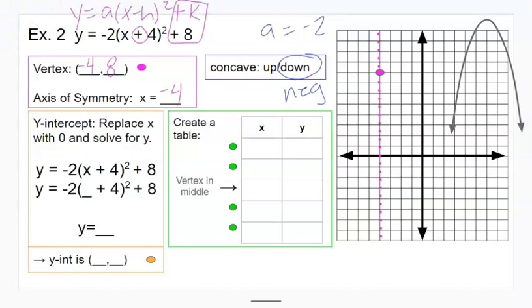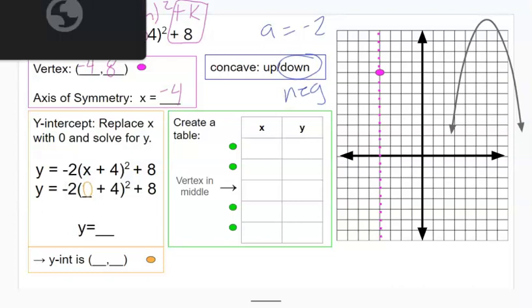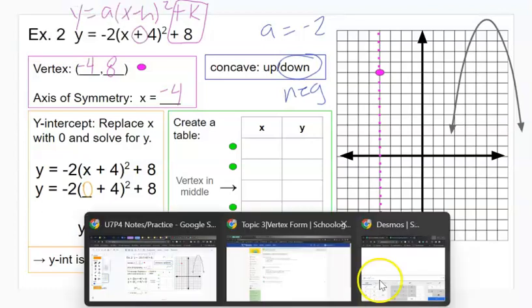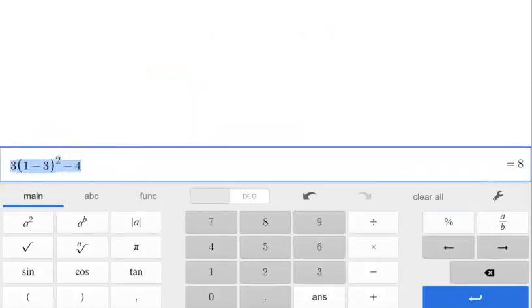The next piece is to solve for our y-intercept. We are going to replace our x value with 0 in our equation, and then solve for y. So again, we can use our calculator.